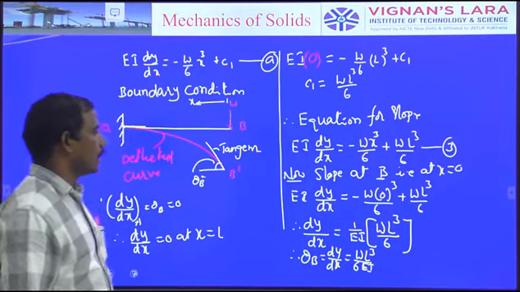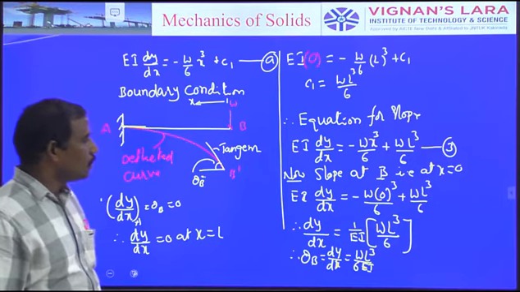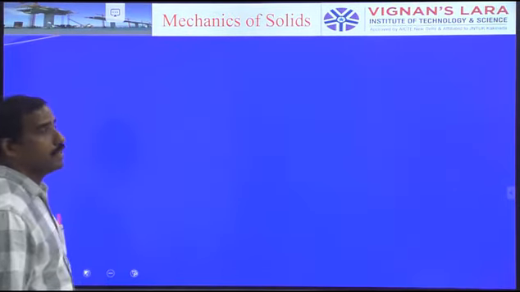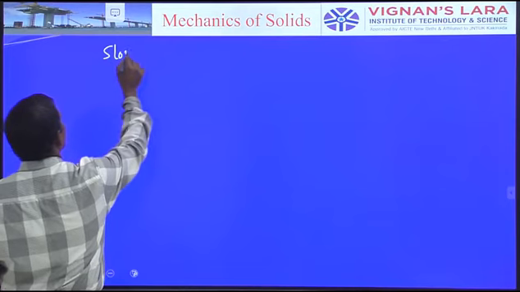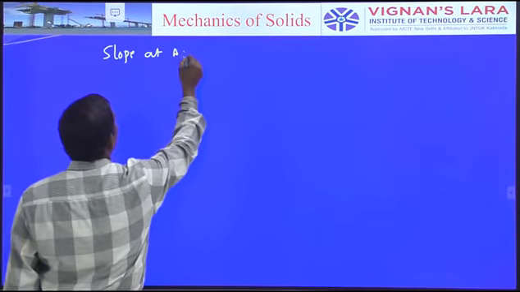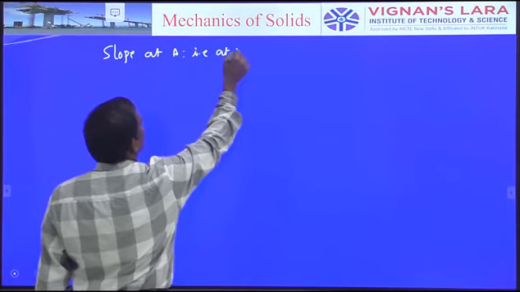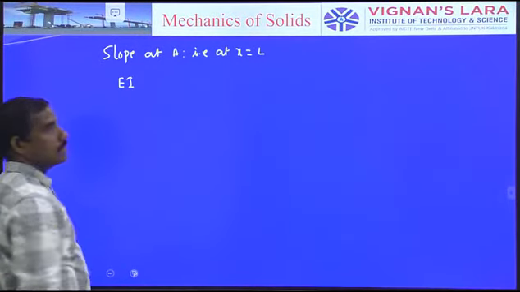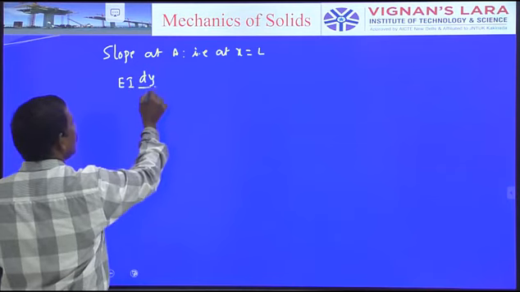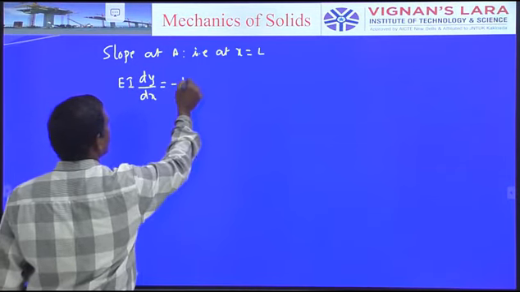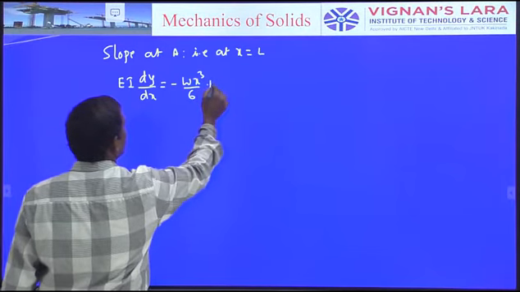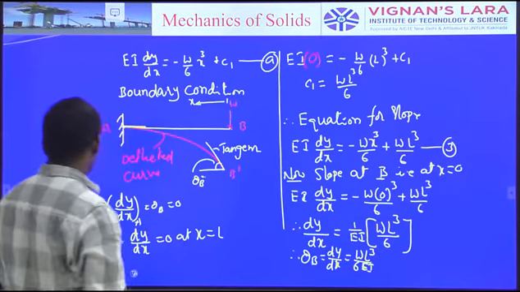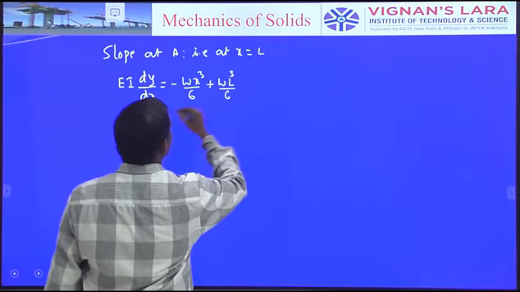This is the calculation of the slope at B. Then similarly you can find the slope at A, that is at x equal to L. As we know, the equation for the slope is EI into dy by dx equal to minus w x cube by 6 plus w L cube by 6.